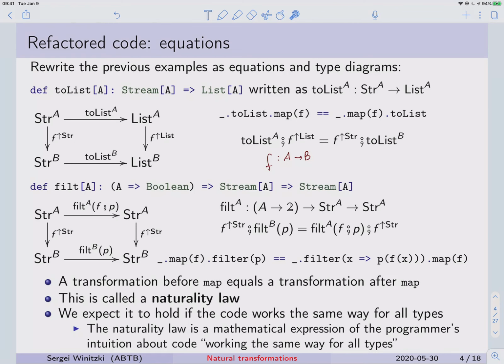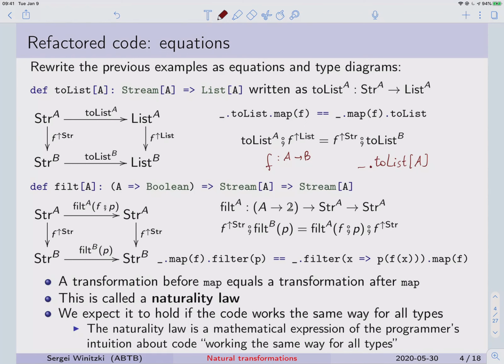I have written the types here, the A and the B, just because in Scala you can write these types. You can write your code with toList[A], for example, if you wanted, but usually the type annotations are not necessary.